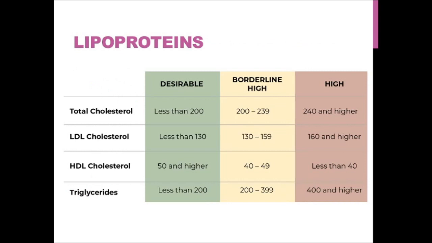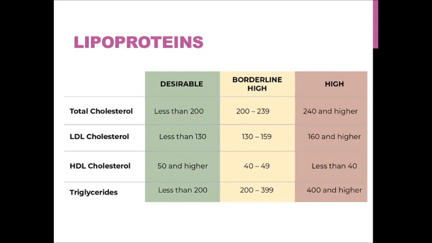Lipoproteins will carry cholesterol throughout your body. So this is showing a cholesterol panel, something that you might see if you get blood cholesterol taken to check to see if your cholesterol levels are too high. So LDL cholesterol is going to be our bad cholesterol.